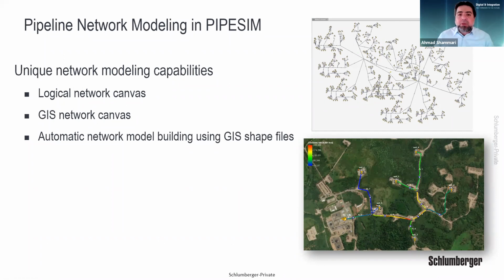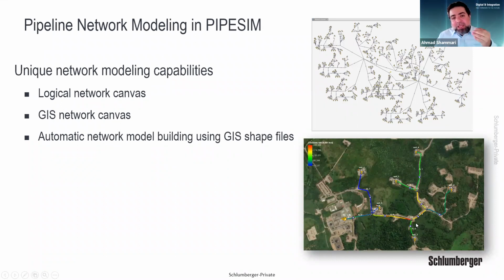In any company, they usually have a GIS or mapping unit or a division to do mapping for all their flow lines, trunk lines, pipelines, etc. Okay, and these pipelines usually are saved as what they call shape files. It's a layer of basically lines and connections that has information of the pipeline networks.